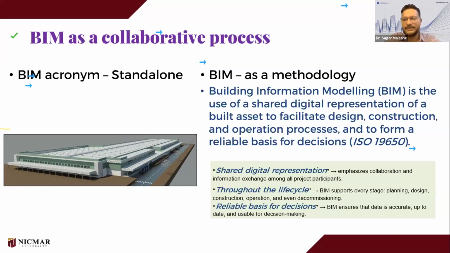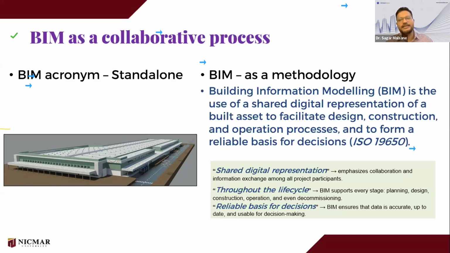So if you see ISO 19650, which is the international standard for BIM, what does it say? It says that BIM is the use of a shared digital representation of a built asset to facilitate design, construction, and operation processes and to form a reliable basis for decisions. If you break down this definition, it talks about creation of a digital representation.